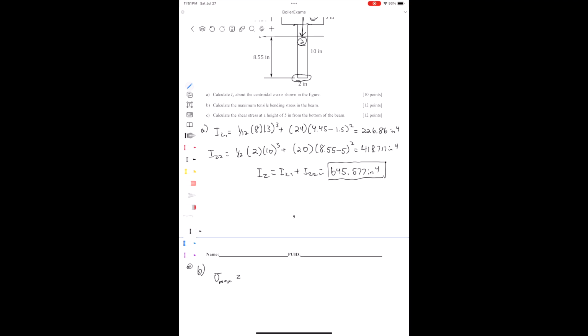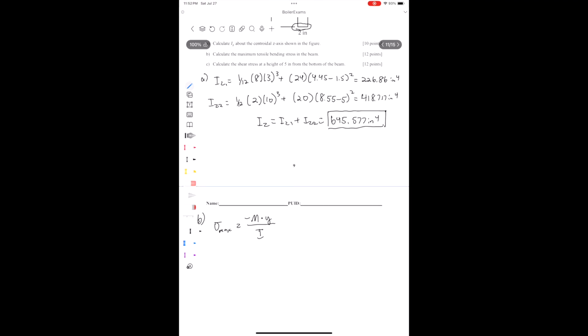So our formula for maximum stress is M times Y over I, and that Y is, again, the distance from the centroidal axis to where your maximum tensile bending stress occurs.